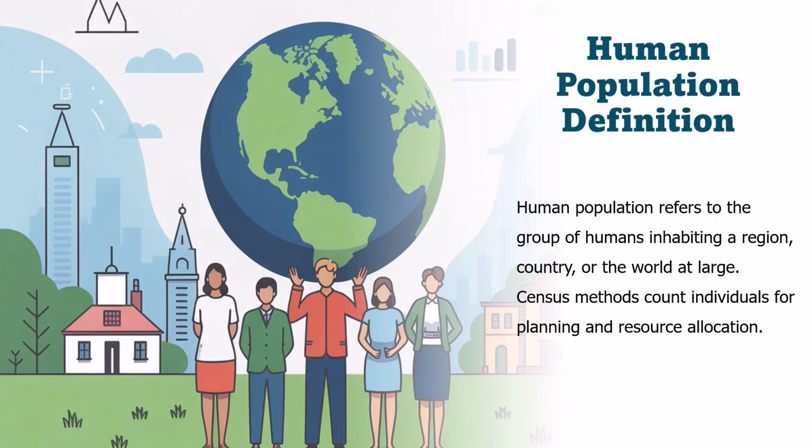These data-driven insights guide policy making to ensure sustainable development and equitable distribution of resources. Additionally, understanding human population dynamics is vital for addressing challenges such as overpopulation, resource scarcity, and environmental stress, enabling societies to adopt long-term strategies for resilience and sustainable growth.